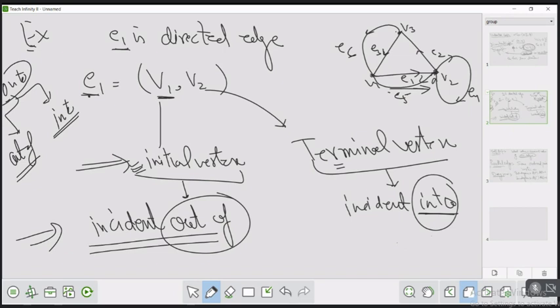And what is the in degree of V2? Sir, 2. Wait.